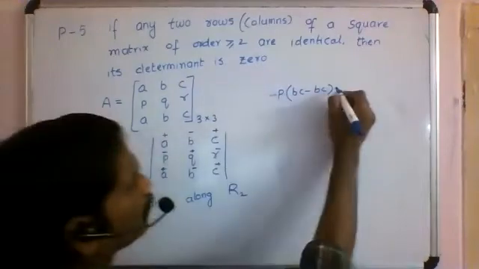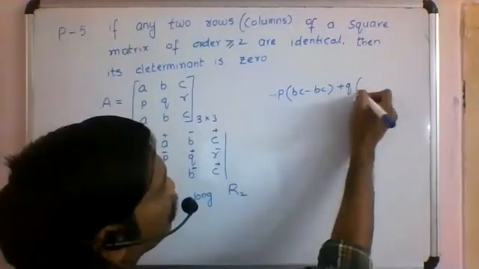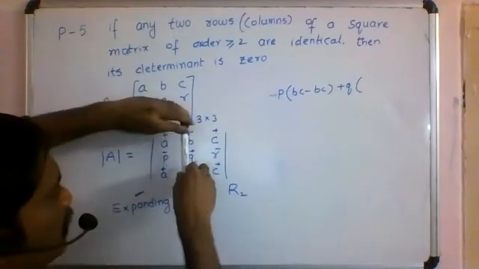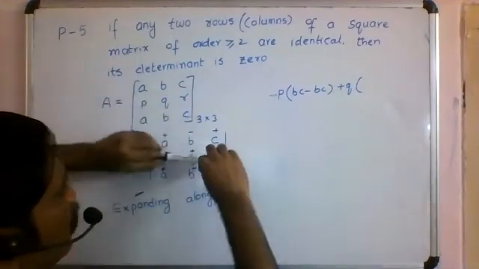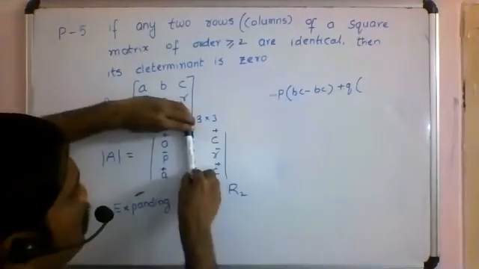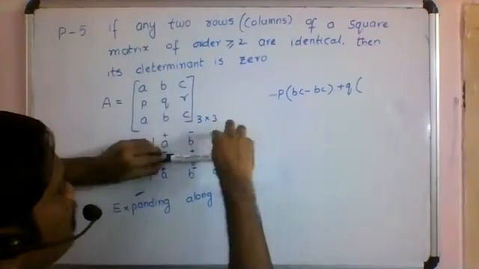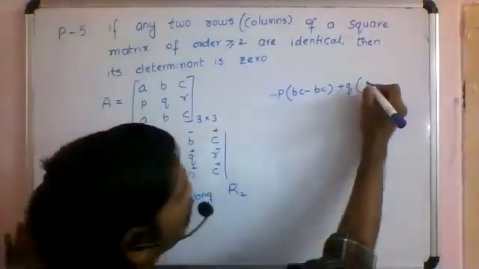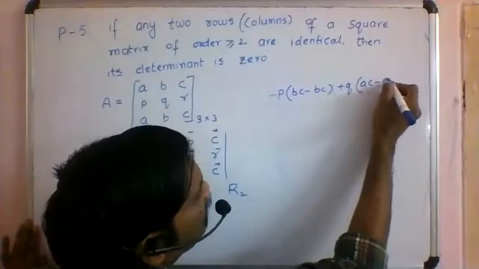And plus Q into, you remove the column containing Q and the row containing Q. This is gone, so A, C are left. So AC minus AC is its determinant value.